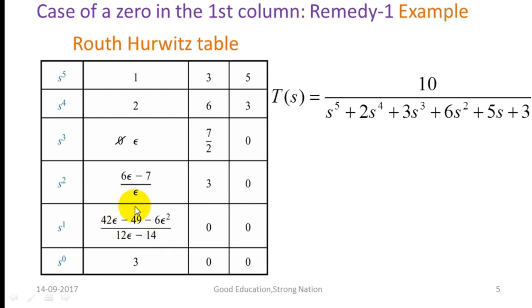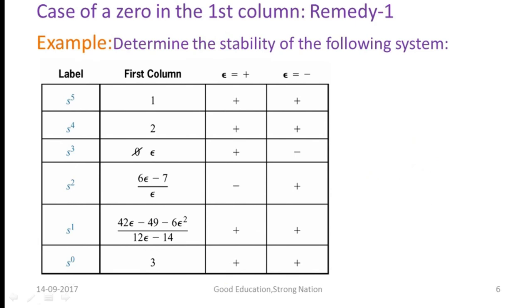And similarly for this element, into 3 minus 0 divided by this whole element, we are left with 3 only. So this automatically completes the Routh array of this transfer function. So now the next step is to check or analyze the first column of the Routh array.